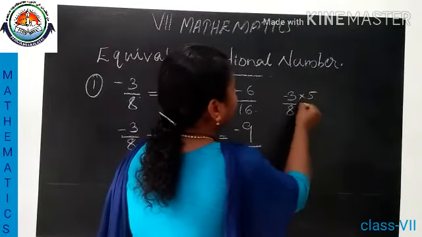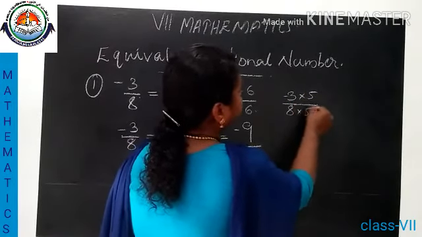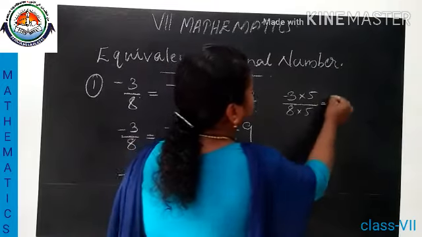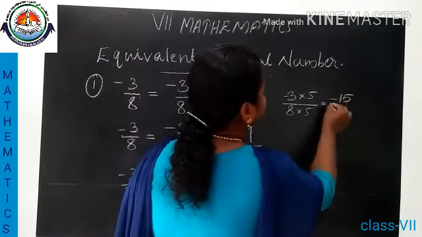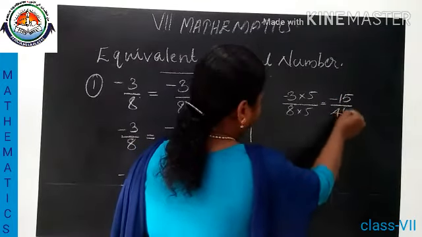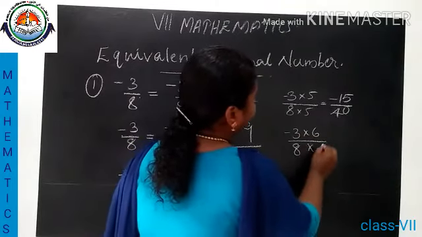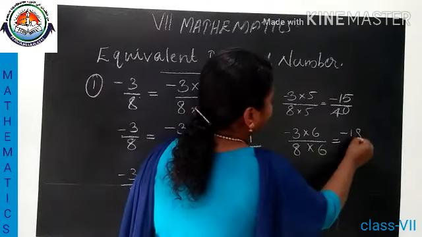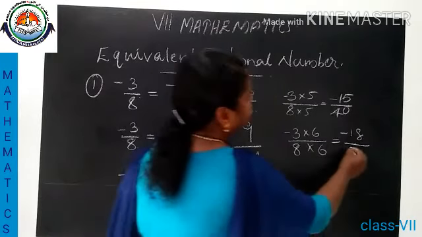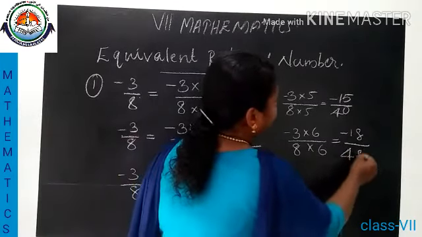Multiplying by 5, it is negative 15 by 40. Then by 6, I can multiply 8 into 6, negative 18 by 48.